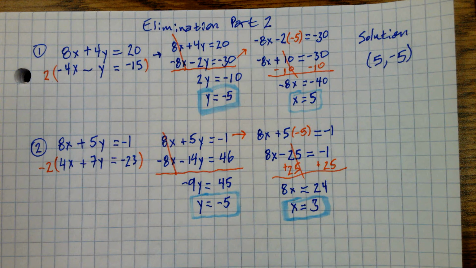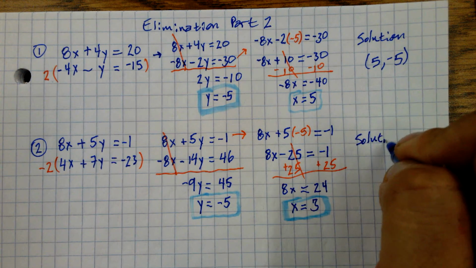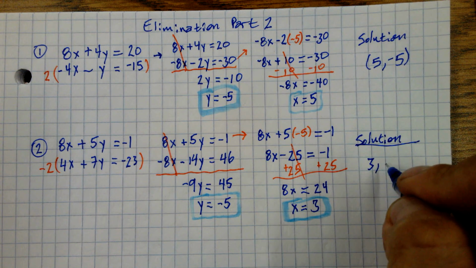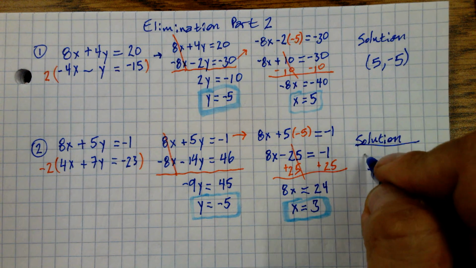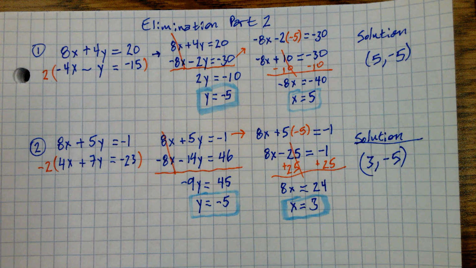And we have a solution of 3 and -5. So if we were to graph these two equations, the lines would cross at 3, -5.